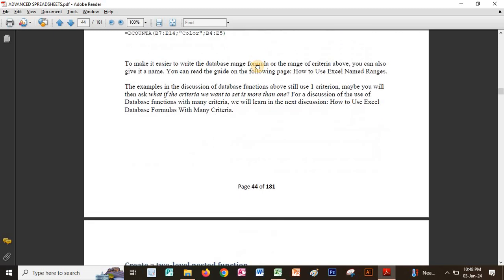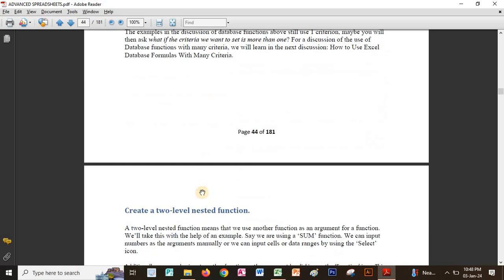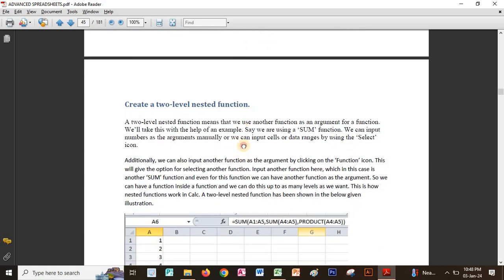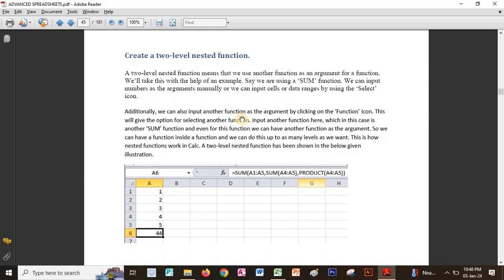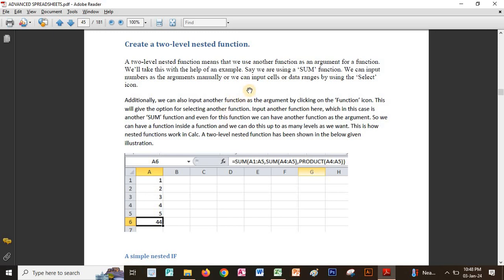So that was working with the database functions. I think you can read the discussions here, see whether it is understood. We want now to look at two-level nesting and how it works out. A two-level nested function means that we use another function as an argument for a function. For example, in this particular case, you can see SUM in brackets. Inside SUM we have two functions, SUM and PRODUCT.